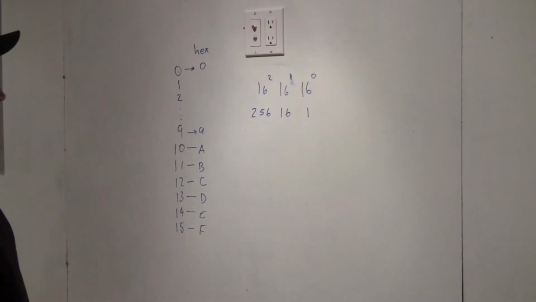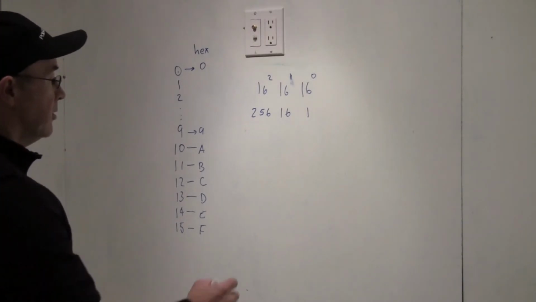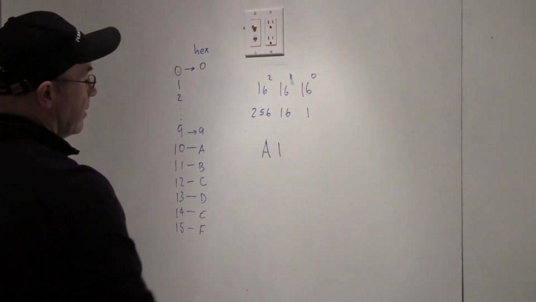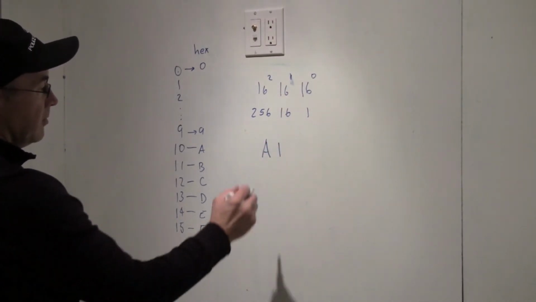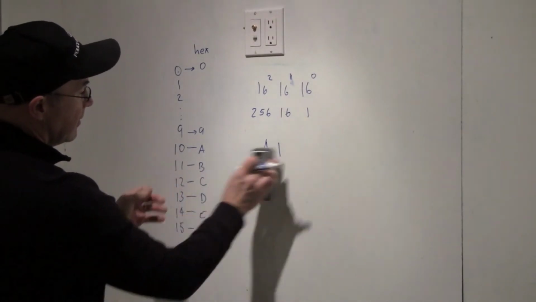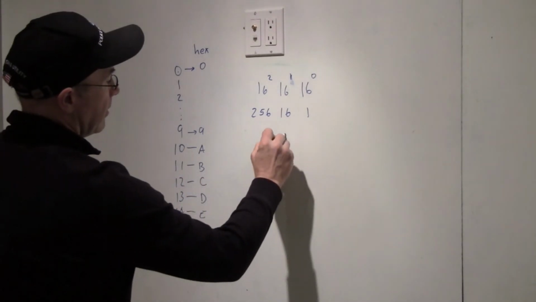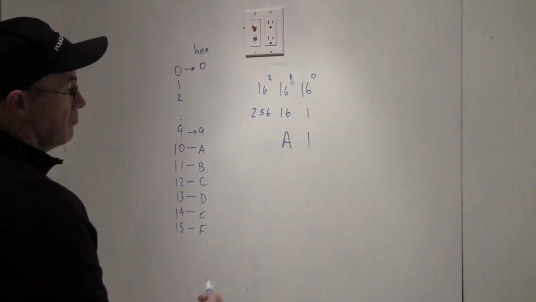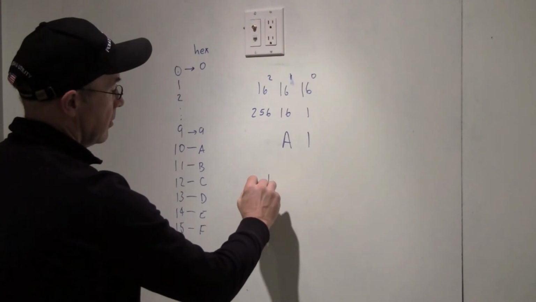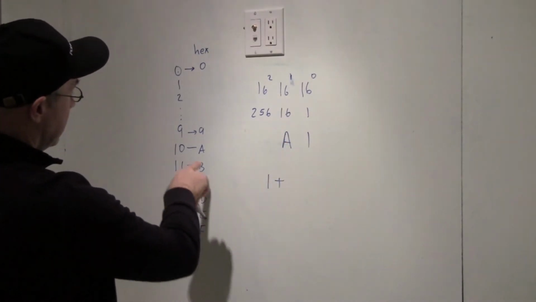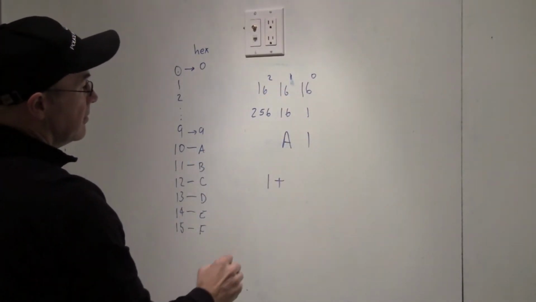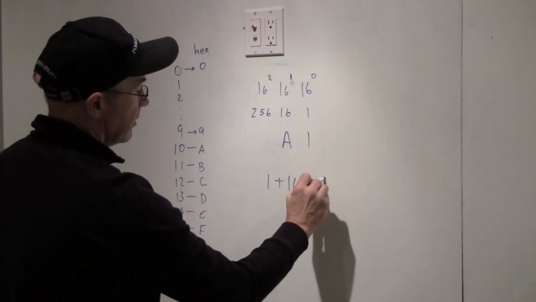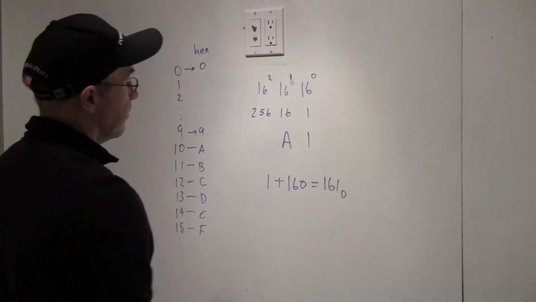So with that in mind, let's evaluate a couple hex numbers. One would be, how about A1? So A1 in hex would be, let's do it over here. 16 to the 0 is 1, so one of those. A is a 10, it's 16 to the first, so it's 10 times 16, which is 160, so that'd be 161 decimal.